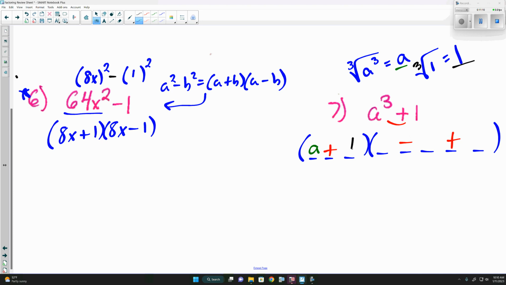Inside the bigger parentheses, to start off with, we'll have the first term squared, which in our case is a squared. In the middle, we'll have the first term to the first power, which is just going to be a. And in the third spot, we have a to the 0, which is going to just be multiplying the second term by 1, which we don't really have to put it in. Now we need to use the second term.